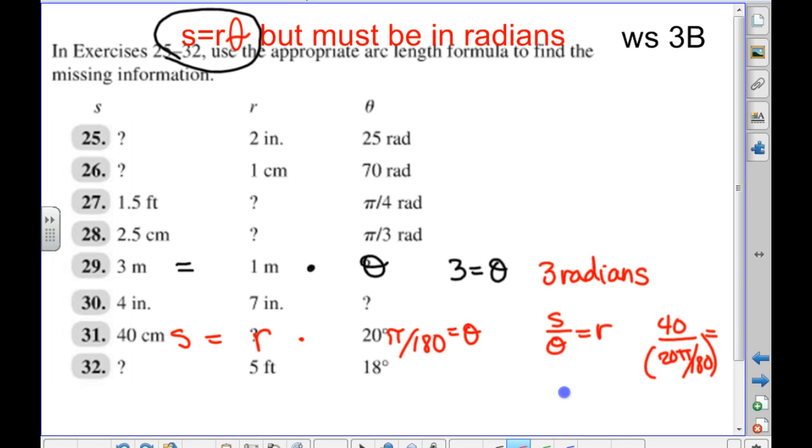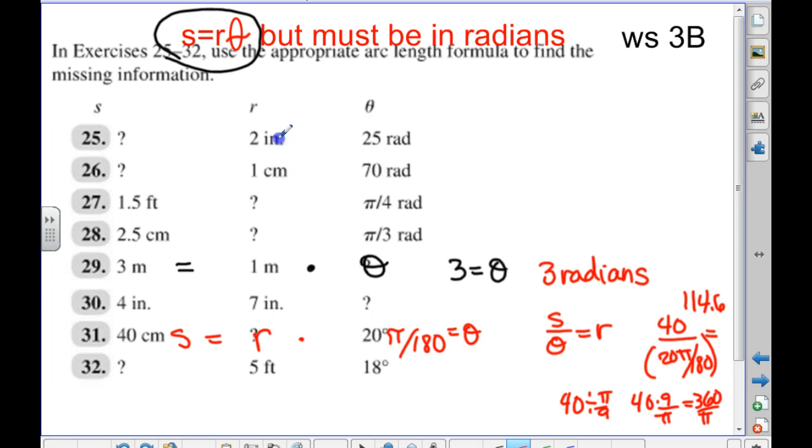So you're actually doing 40 divided by pi over 9. If we want to do this in our head, it would be 40 times 9 over pi, which is 360 over pi. But I'm fine with a calculator. What does this come out to? Anybody know? Should be around 120-ish. 114 point? 0.6, okay.